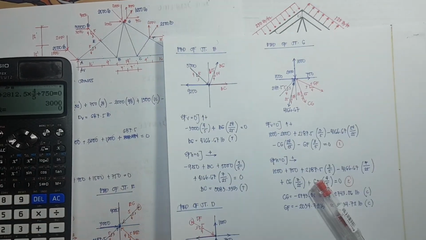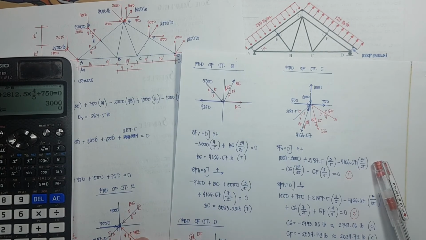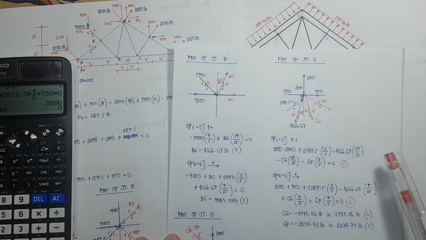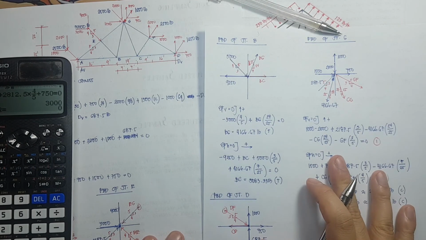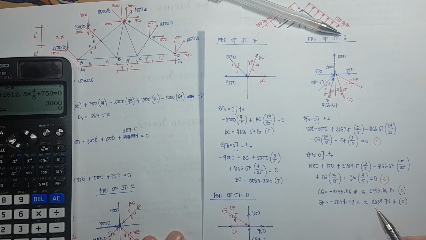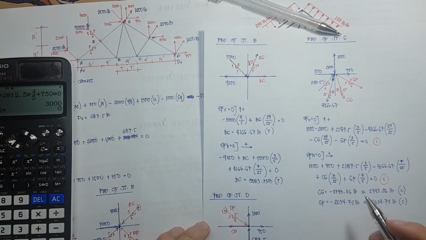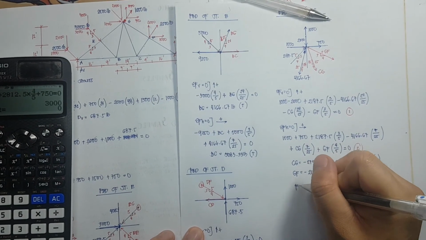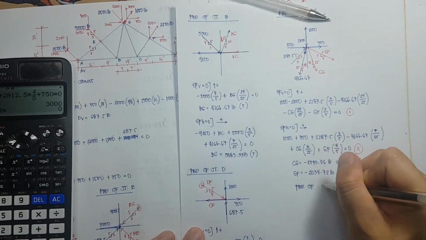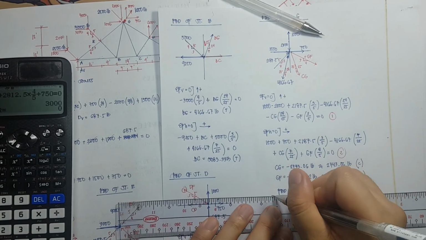Okay, and lastly we have joint F. FBD of joint F. So we can solve for CF. So FBD of joint F. So draw the free body diagram.